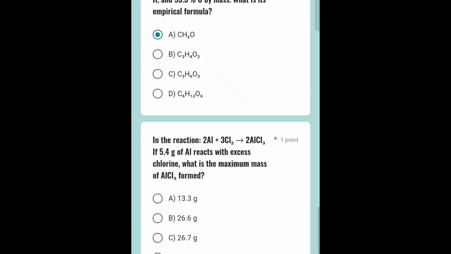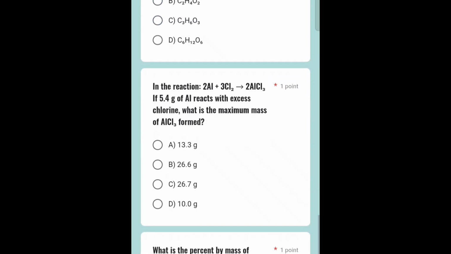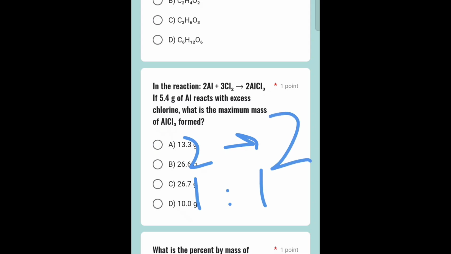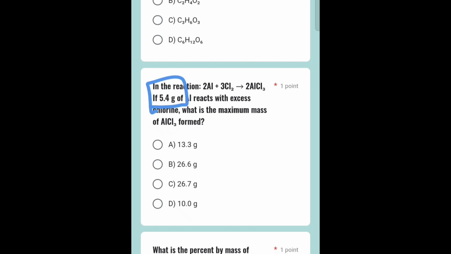Okay, in the reaction 2Al plus 3Cl2 gives 2AlCl3, 5.4 gram of aluminum reacts with excess of chlorine. You can say chlorine is in excess, aluminum is the limiting reactant. As we know, 2 moles of aluminum will produce 2 moles of aluminum chloride, and 1 mole will produce 1 mole. Here you have 0.2 moles of aluminum, so 0.2 moles of aluminum chloride will be produced.